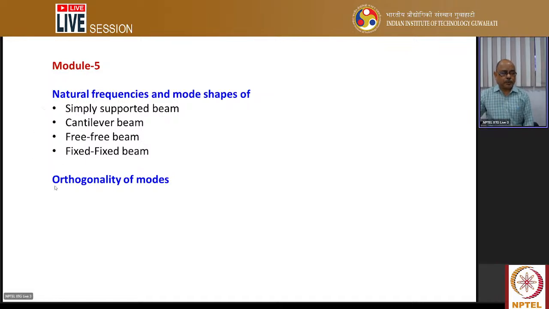Then I proved the orthogonality condition of the transverse vibration modes of the beam. Here I am considering only the Euler-Bernoulli beam, which neglects the shear deformation and rotary inertia effect. So orthogonality conditions between two modes have been discussed, and this condition has been utilized in the partial differential equation of motion when we use the separation of variables technique to decouple the equation of motion.